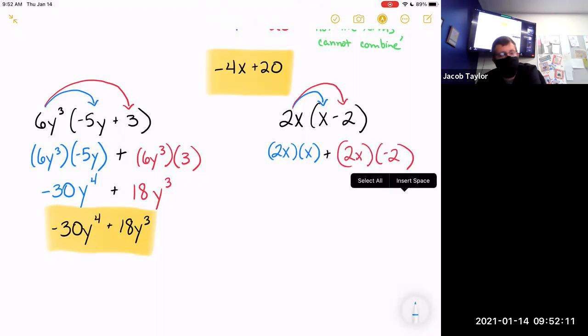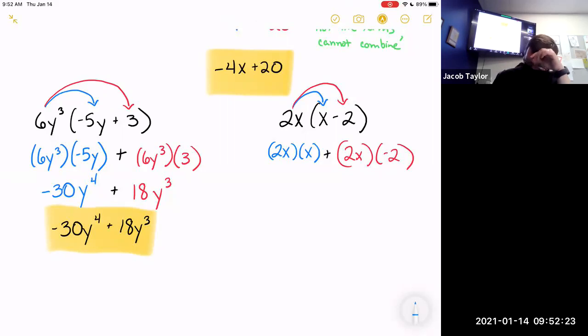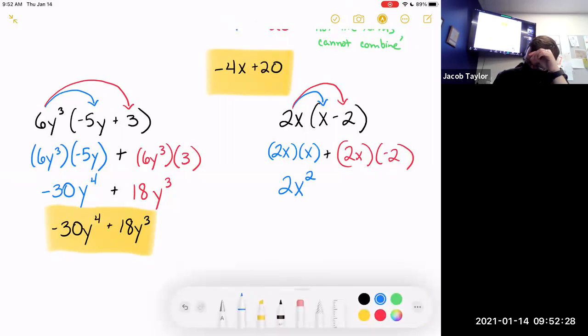It'd be 3x if I was adding them. Multiplied, what's x times x? X squared. You were close.